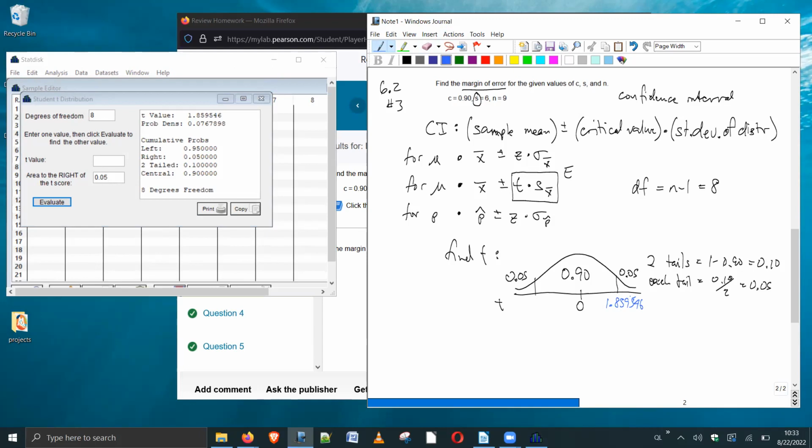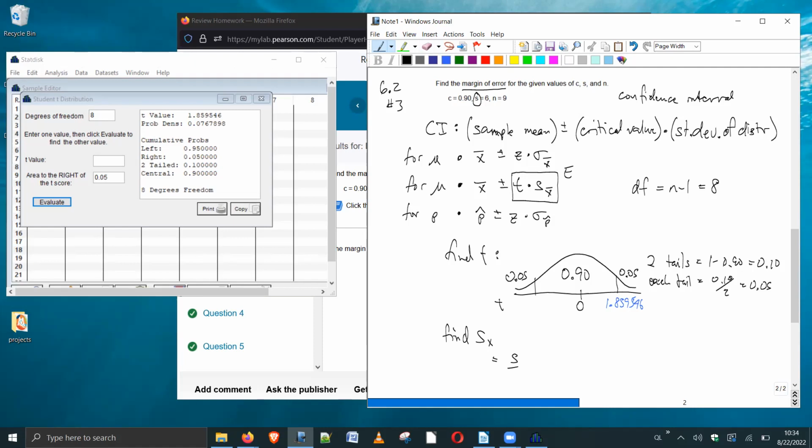And then, of course, the t-score on the left is the negative version, but we won't need that. Okay, so now we found t. Next we need to find sx bar.